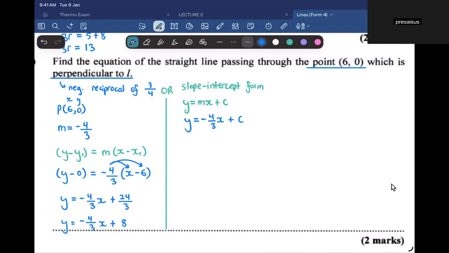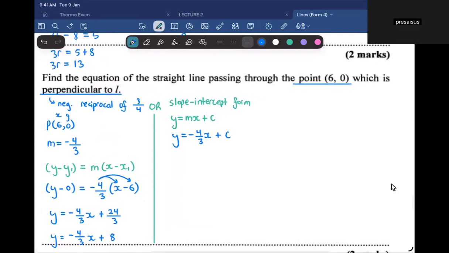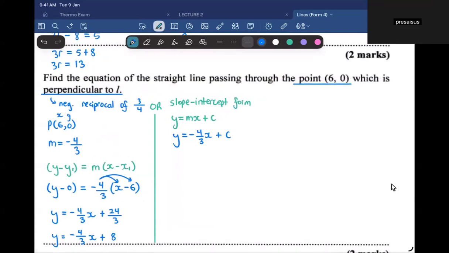So I put y equals 3 over 4 x plus c, and I swap it around to get the m. It's confusing now.